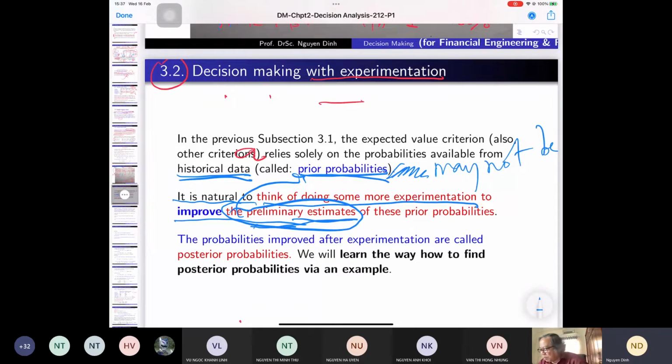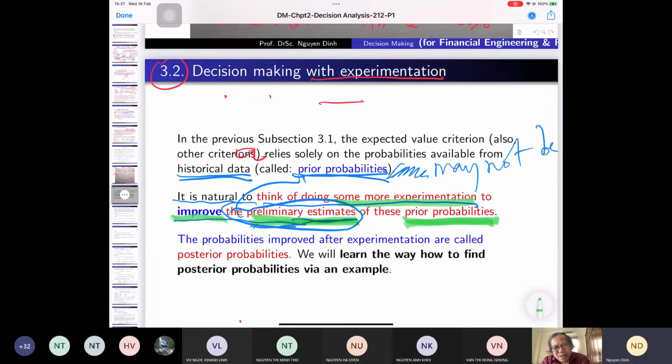Now we want to make some more. The key point here is we want to make some more experimentation and to improve the preliminary estimate. That means the prior probability. Improve that one.